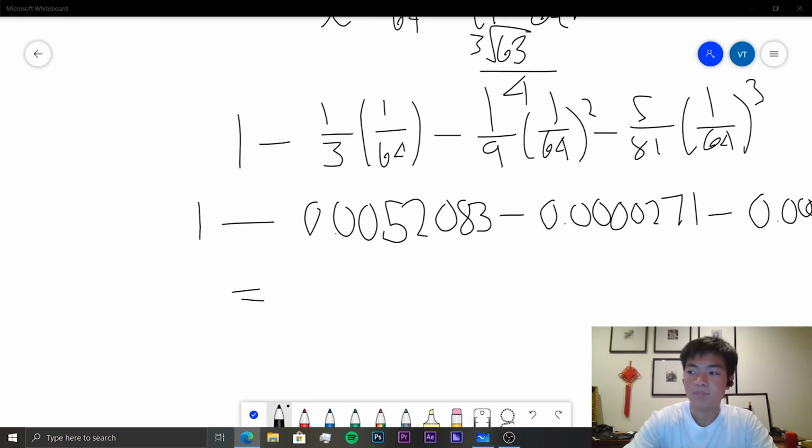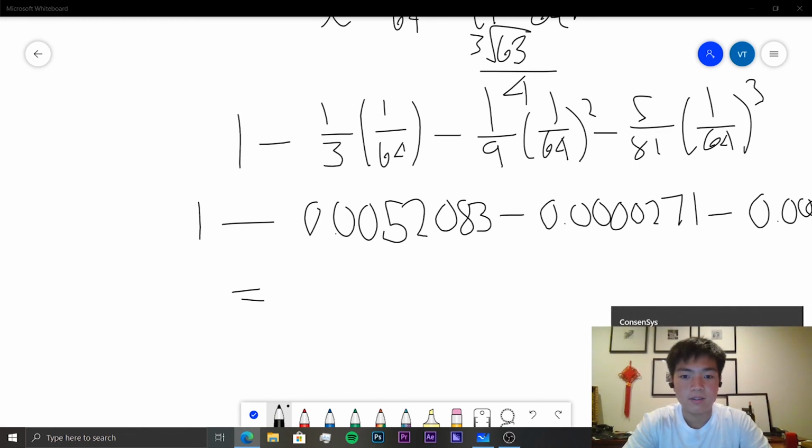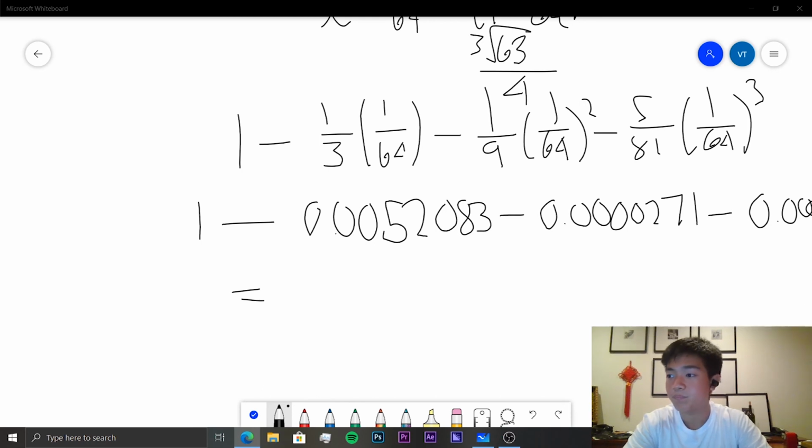So we have 1 minus 0.0052083 minus 0.0000271 minus 0.0000002.